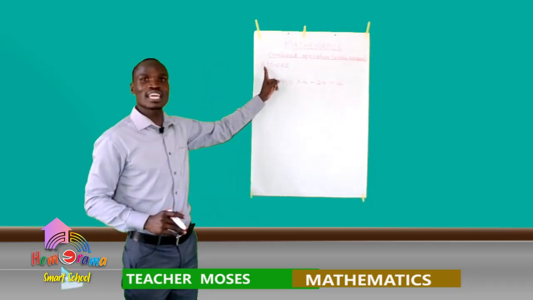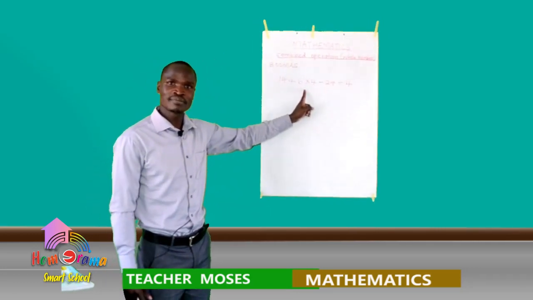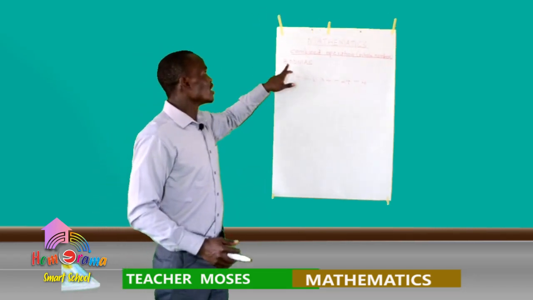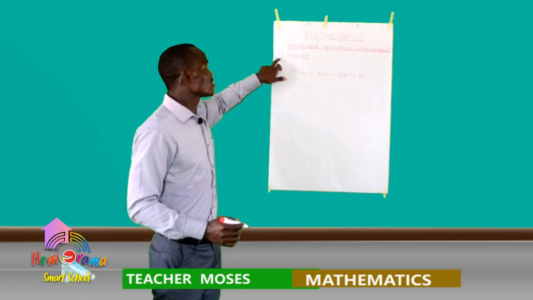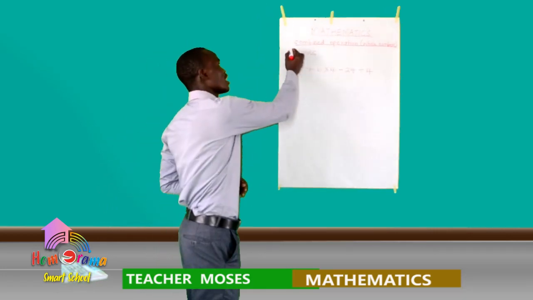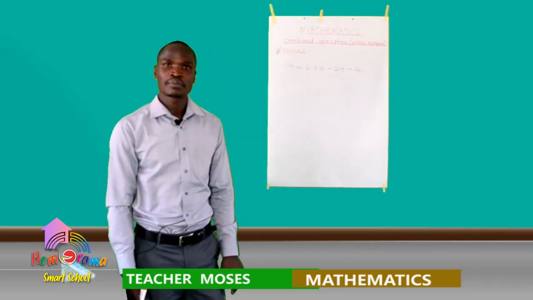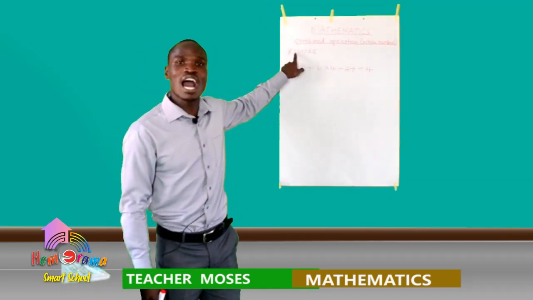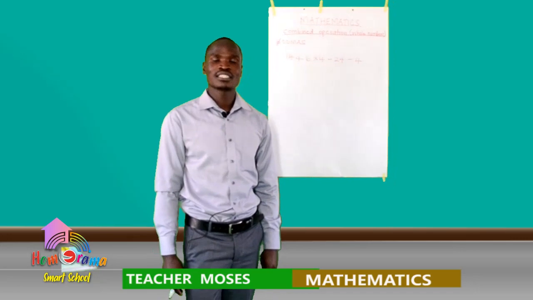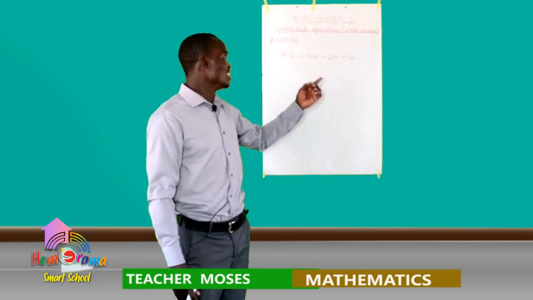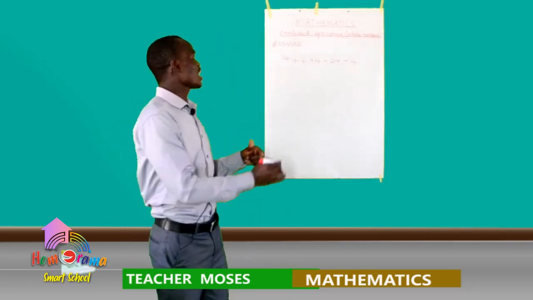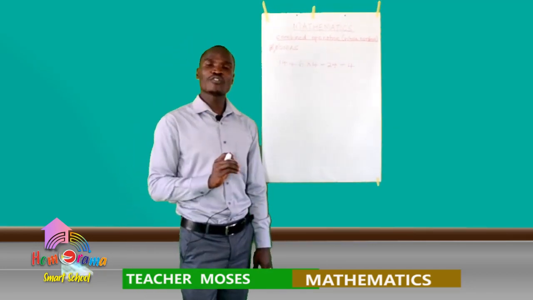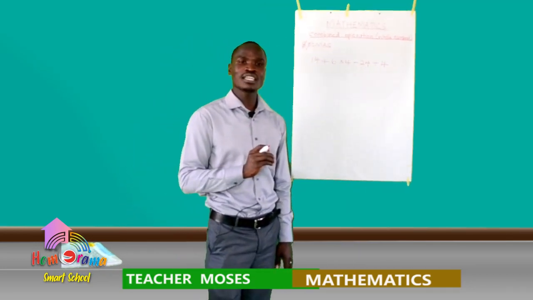Do we have bracket in our question? The answer is no. Very good. We don't have bracket, therefore we cancel out bracket. The next one is of. Do we have of in our question? No, we don't have of. Therefore, we cancel of.